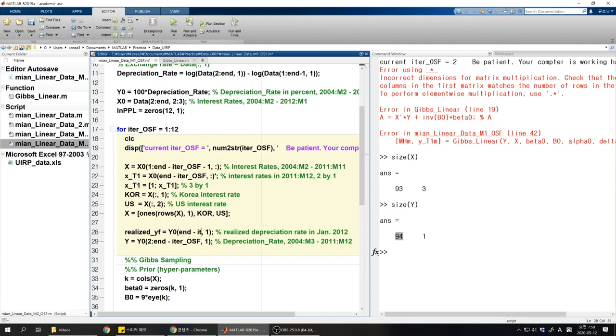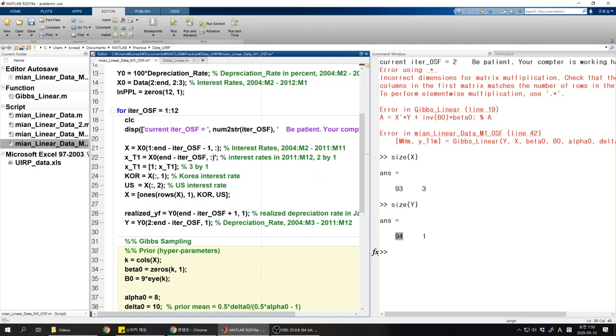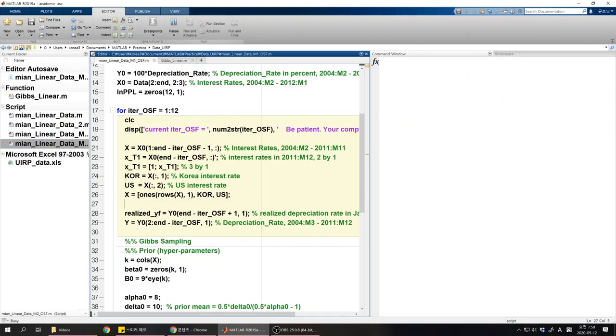Minus itr underbar osf plus 1, right? Plus 1, yeah. Okay, now let's run this again. Yeah, it's working, right?